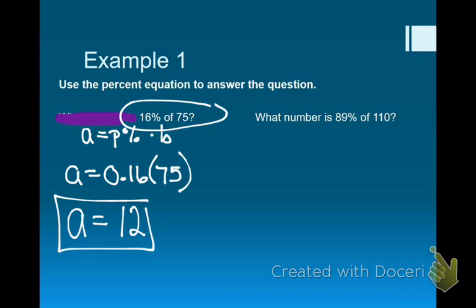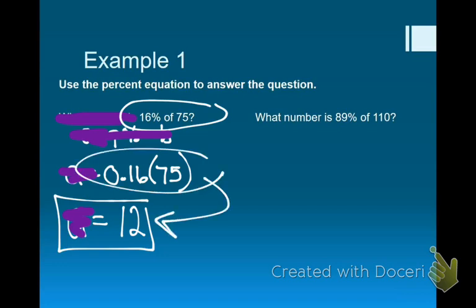And so I'll have them leave off all these A equals. They'll even leave off the whole equation, they'll just say 0.16 times 75 and give me the answer. Well, the problem with that is they're completely ignoring the fact that this is a part of the percent equation.